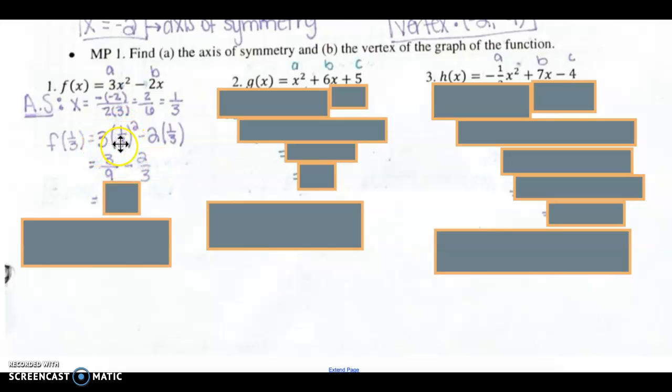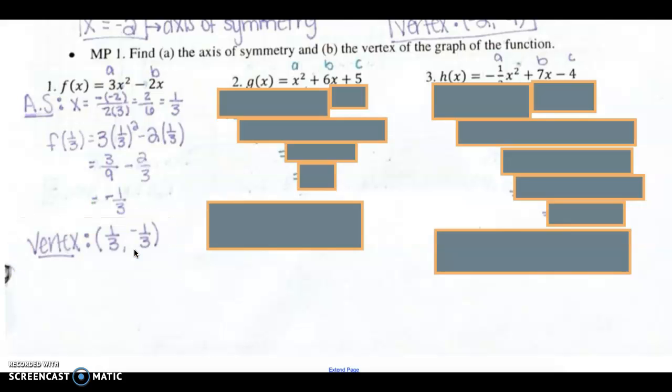So we have 3 times 1/9, which is 3/9, minus 2/3. And you can do this in your calculator, or by hand by reducing this fraction, however you want to do it. And that is negative 1/3. Then we plug the values in for our x and y, and we get 1/3, negative 1/3.